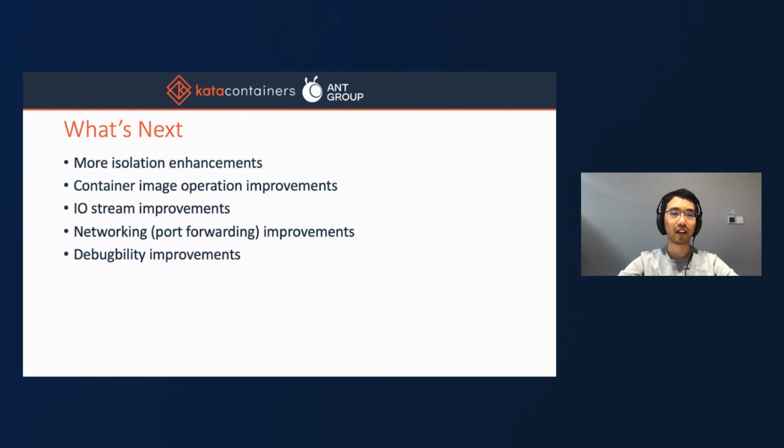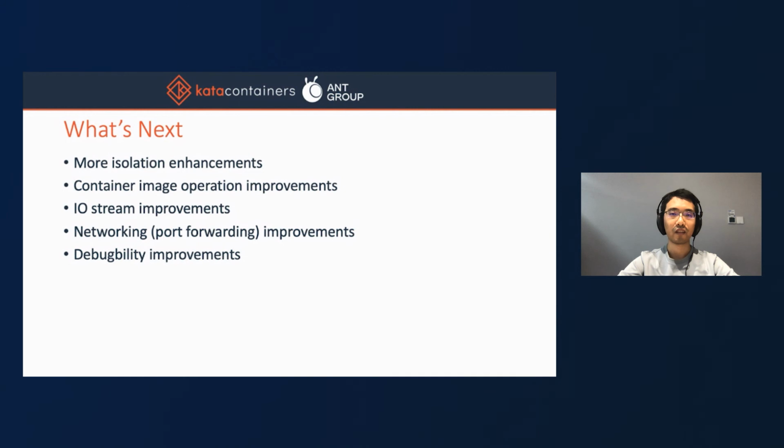So the container pulling and unpacking operation must be done in an isolated environment. So in Kata Containers, we want to support this use case and move the container image pulling and unpacking operation into a sandbox environment.